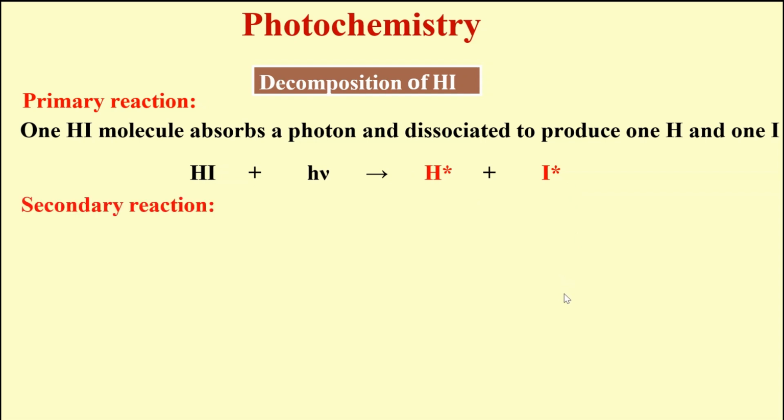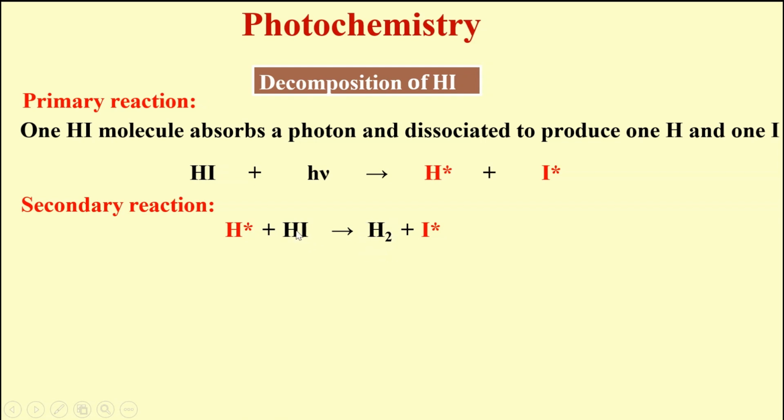This excited hydrogen and iodine further react in the secondary reaction. The activated hydrogen combines with the hydrogen iodide, and one electron from this hydrogen and one electron from that hydrogen combine together to give rise to hydrogen.